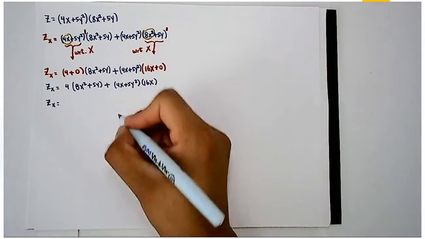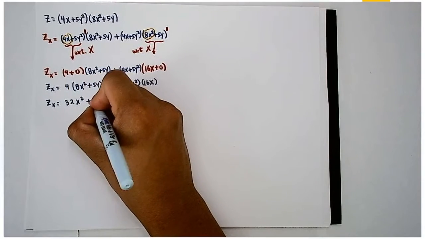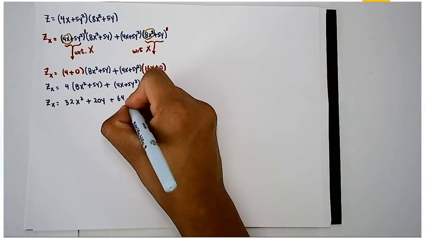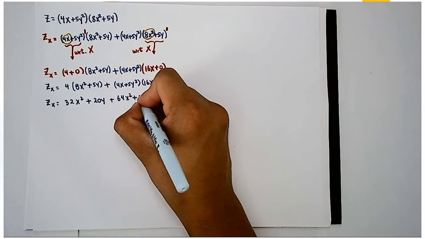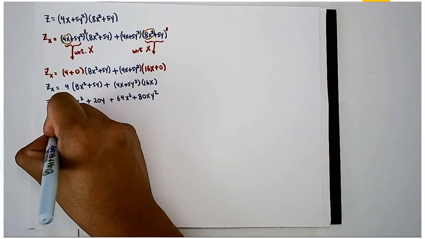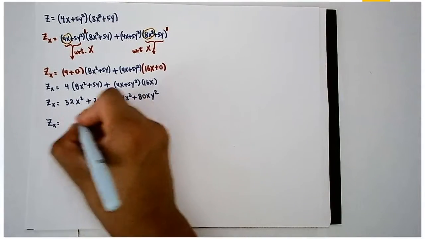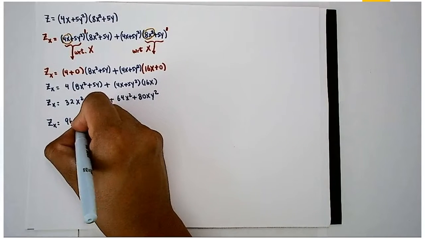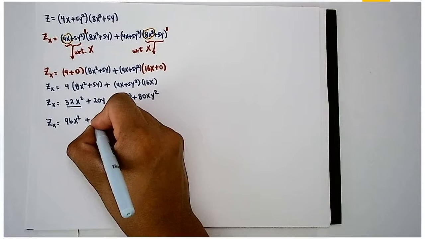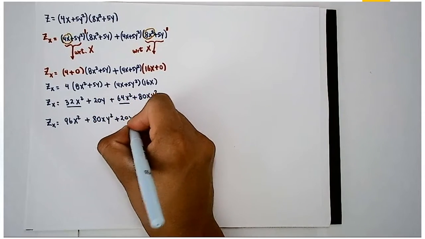So zx is equal to 32x squared plus 20y plus 64x squared plus 80xy squared. So zx is equal to 96x squared plus 80xy squared plus 20y.